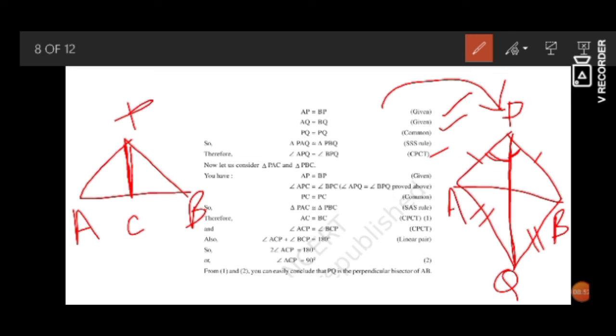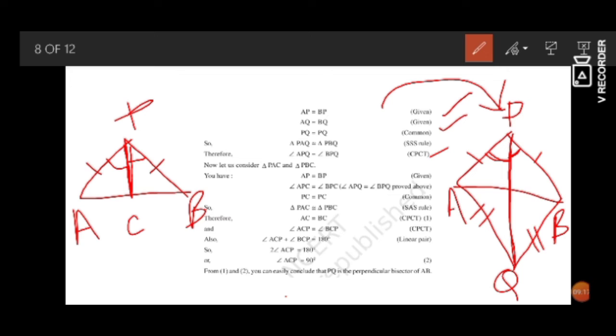Here we know that these sides are equal. AP is equal to PB. The angles APC and BPC are equal, from above we can say that. And PC is the common side.